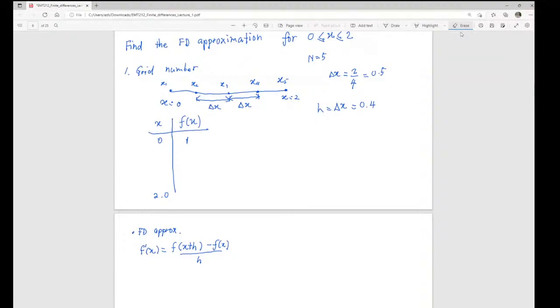This is 0.5, 1.0, and 1.5. Correct? Okay.